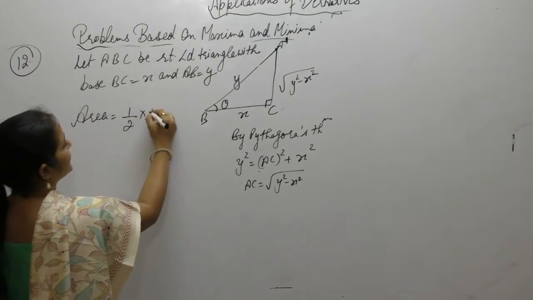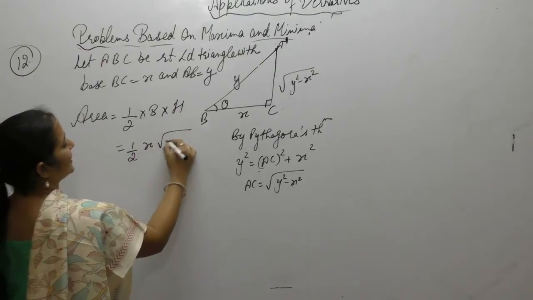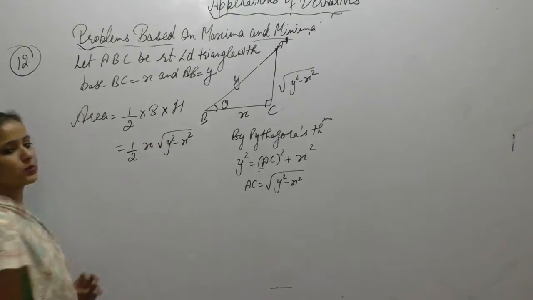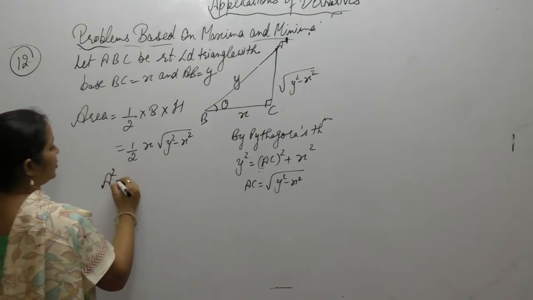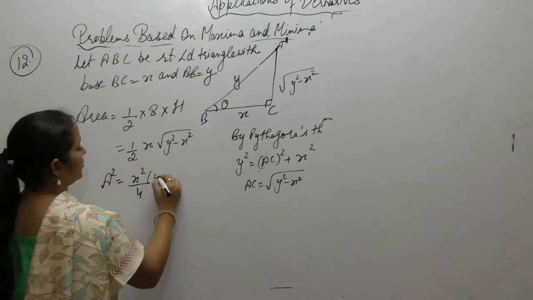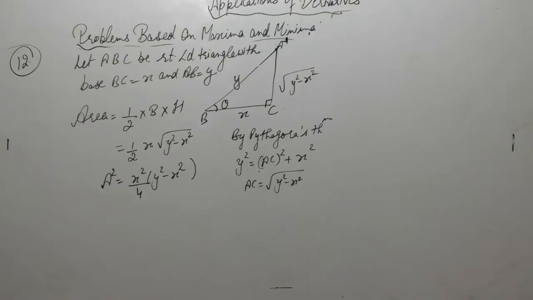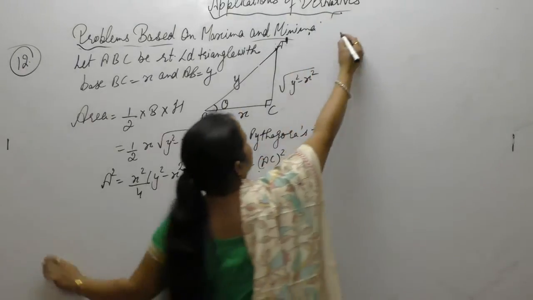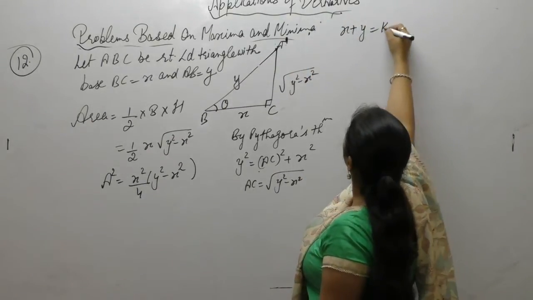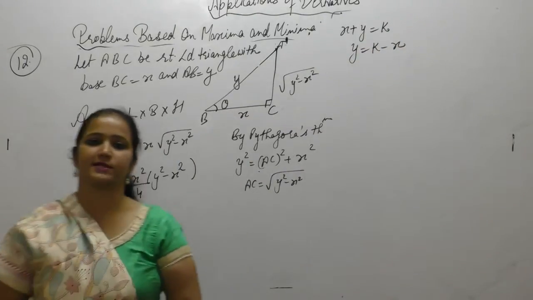Area of triangle is half base into height. Base is BC, height is AC, that is square root of y square minus x square. Squaring both sides we get A square equals x square by 4 times y square minus x square. It is given that the sum of the sides is constant, let it equal k.